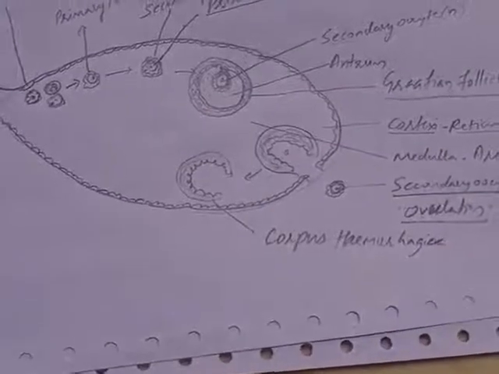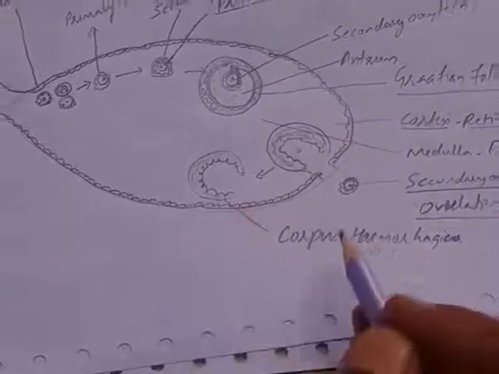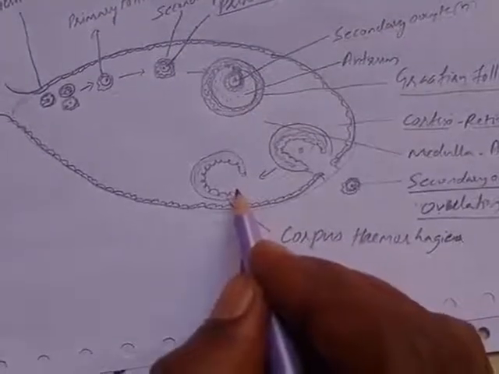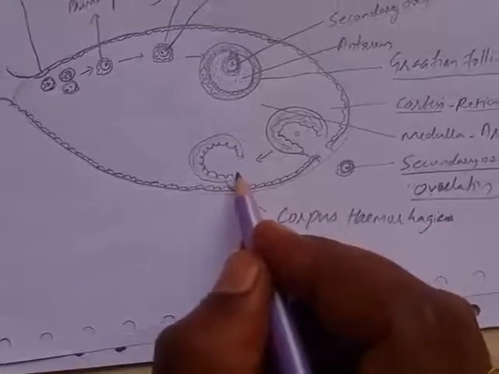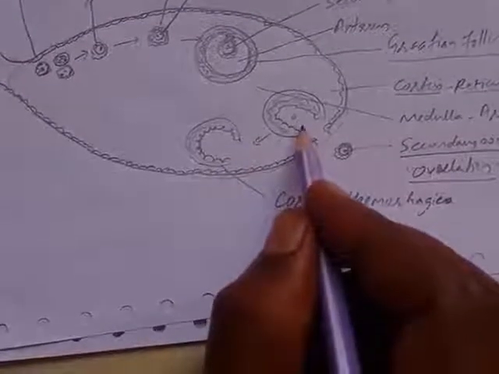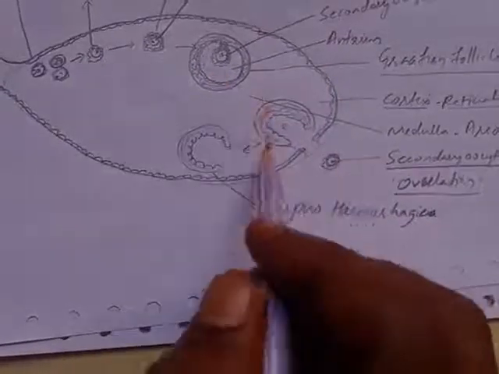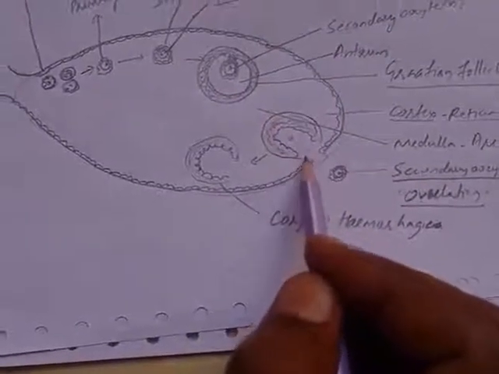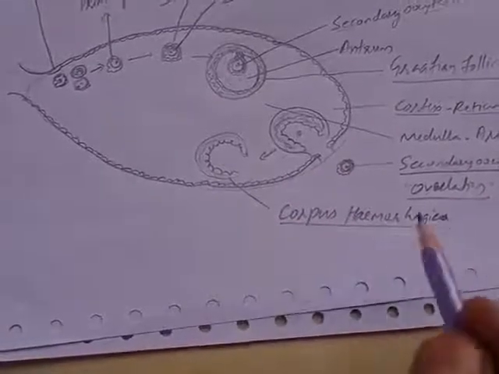This is called corpus hemorrhagica because some amount of blood is released here. A very small amount of blood is released due to the rupture of the follicular cells, because the blood vessels get ruptured. So that's what we call the corpus hemorrhagica.